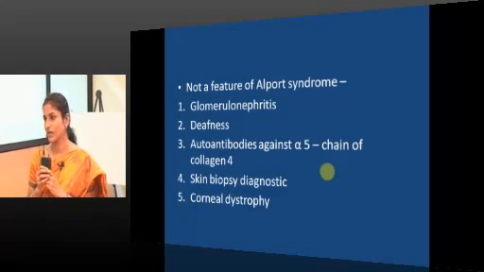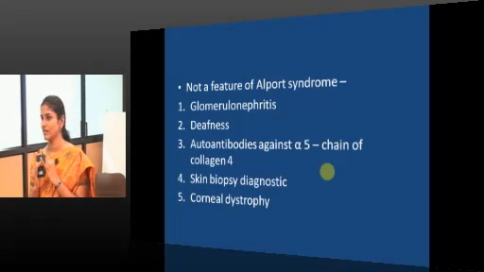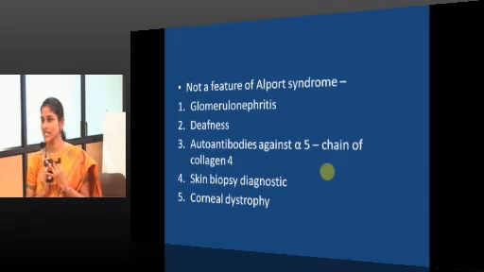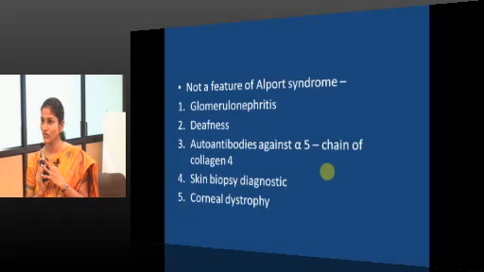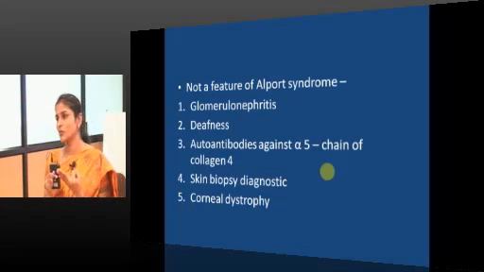So, not a feature of Alport syndrome. Glomerular nephritis, is it a feature? Yes, that is why it results in hematuria. Deafness, yes. Autoantibodies against alpha 5 chain of collagen 4, you have to read the options very clearly. Is it due to autoantibodies? When it is due to autoantibodies, then this is going to be called Goodpasture's.